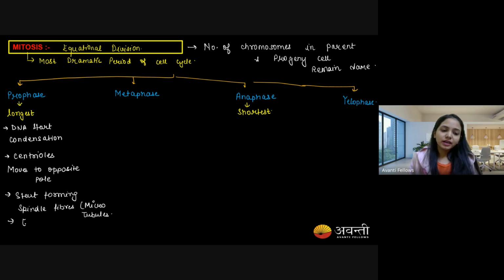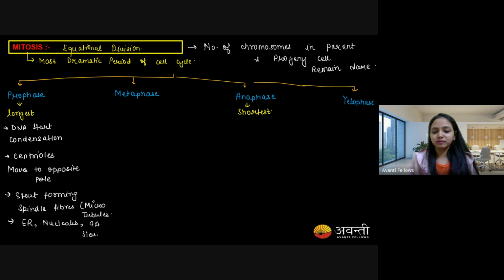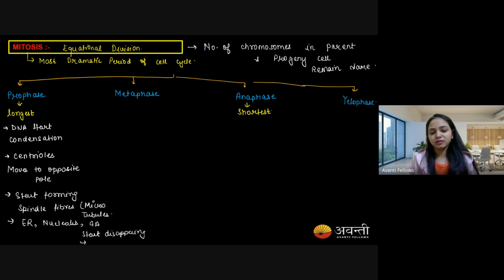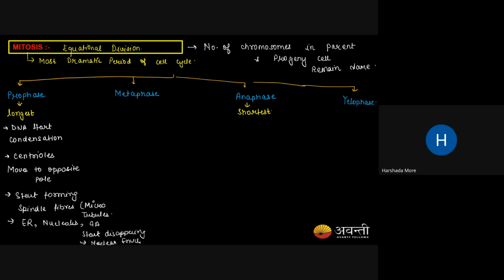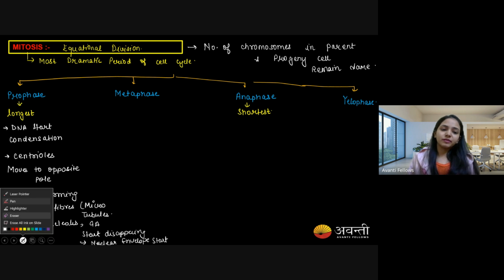The next one is endoplasmic reticulum, nucleolus and Golgi complex start disappearing. And the last, nuclear envelope breaks into vesicles. Nuclear envelope also start disappearing. ठीक है.